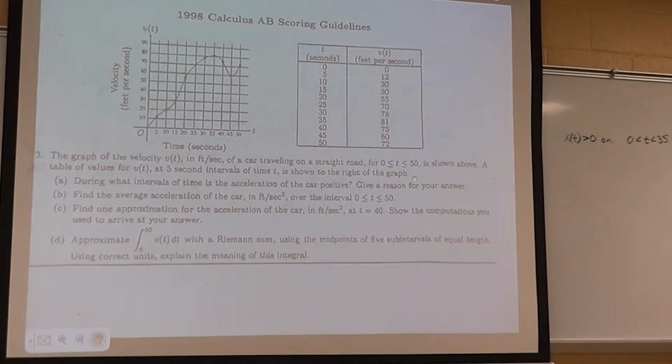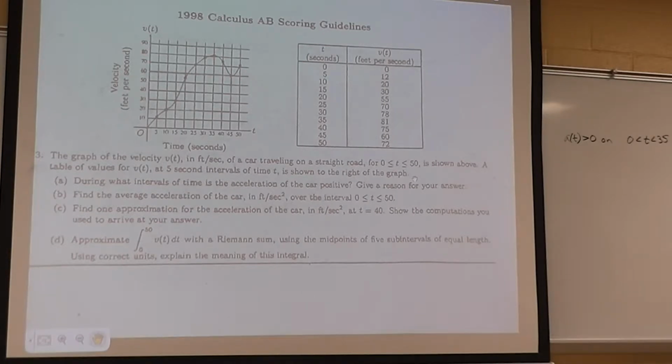Find the average acceleration of the car in feet per second squared over the interval 0 to 50. I've got two options here of what I can do. I'm either going to do average value of a function, or I'm going to do mean value theorem. And they're very, very closely related, as we've seen.